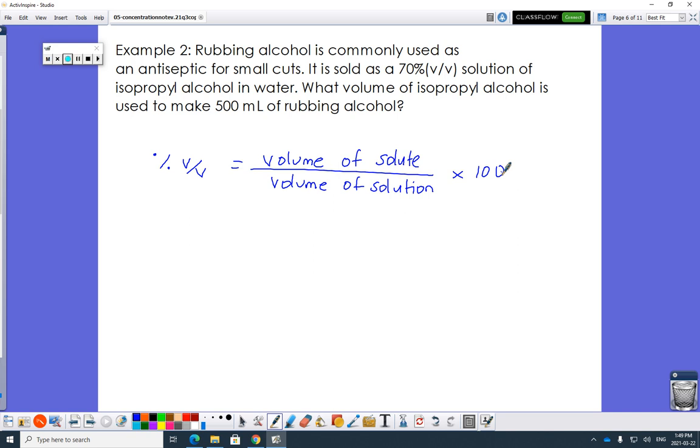We are given the percentage this time. So 70%. We're trying to find the volume that's going to be dissolved in 500.